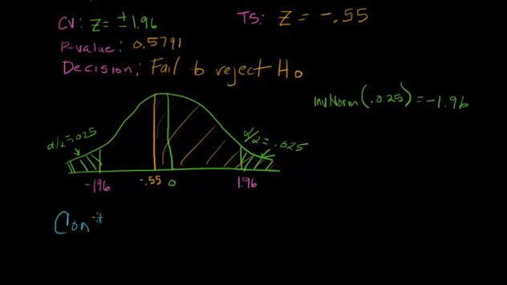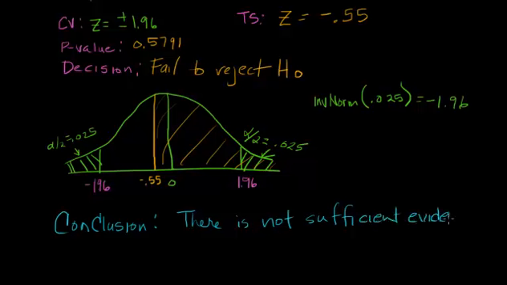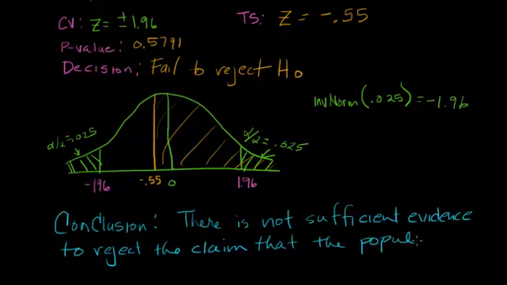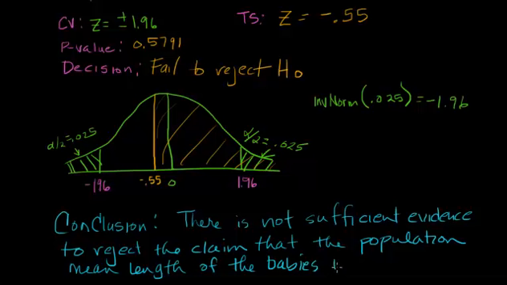So our conclusion: there is not sufficient evidence to reject the claim that the population mean length of the babies is 50 centimeters.